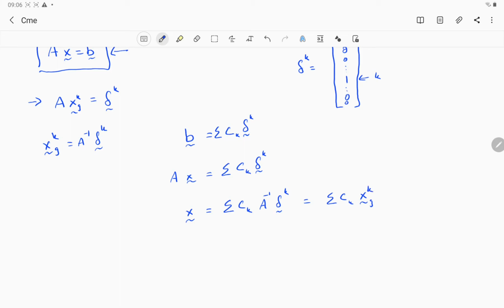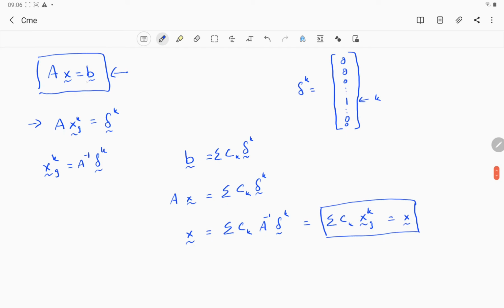That's our solution for x. So it may look like instead of solving a single equation, I have to solve, for example, if it has a dimension of n, I have to solve n equations. So that's not at all efficient.